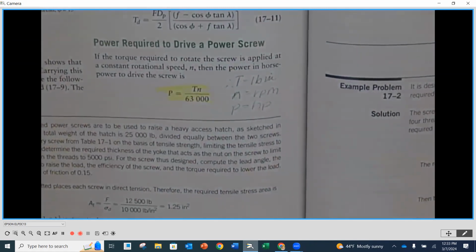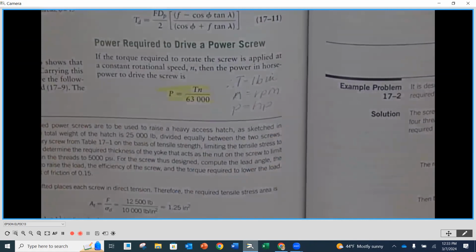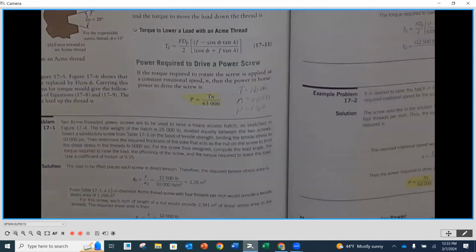The 63,000 does it for us, but in and out of the equation, those are the units for each one of those variables. So torque is pound inches, rotational speed N is RPMs, and power is in horsepower. And the 63,000 is the cancellation of the units.